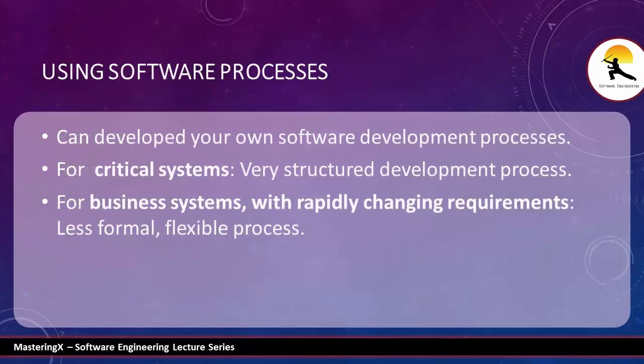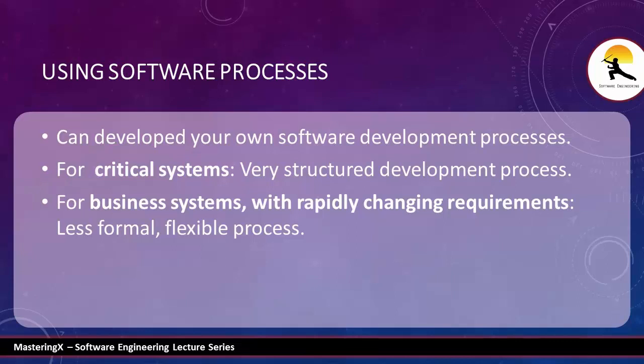Software processes are complex, and like all intellectual and creative processes, they rely on the decisions and the judgment made by the people. As there is no universal process that is right for all kinds of software, most software companies have developed their own development processes.